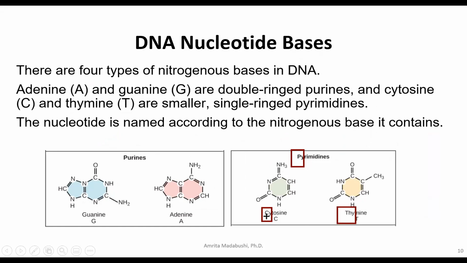So the pyrimidine is the one that has cytosine and thymine, whereas guanine and adenine do not contain the Y. So purine can be either guanine or adenine, which is the double aromatic rings. And pyrimidine is the one that is a single aromatic ring, and that is either cytosine or thymine. So these are the four different bases that are present.